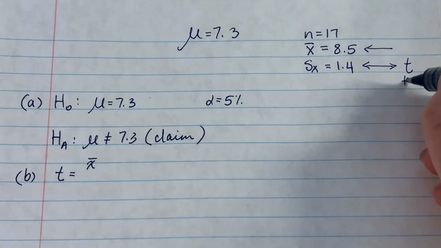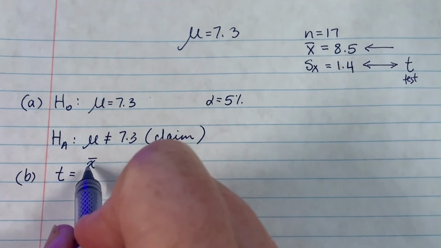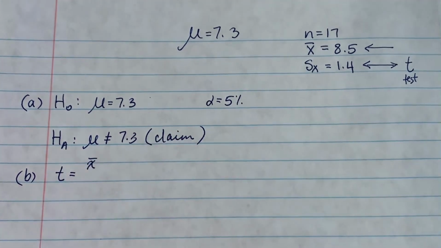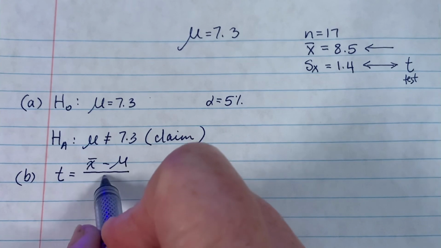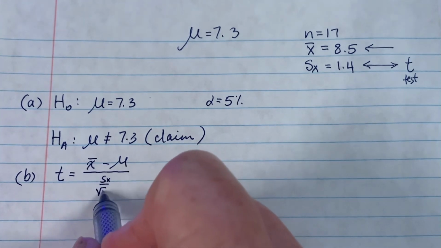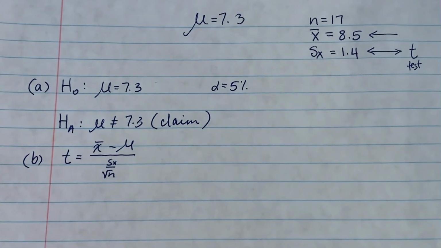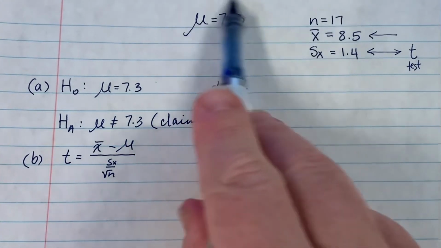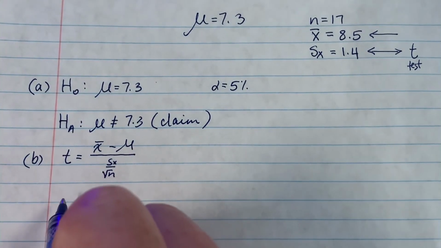The t-test statistic is the mean of the sample minus the mean of the population, divided by S of X divided by the square root of n. I'm going to grab all those numbers and put them into my test statistic.